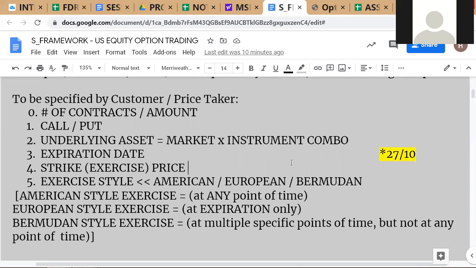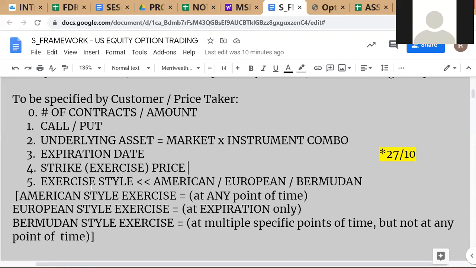We have 3 exercise styles: American, European, and Bermudan. Bermudan, you can remember as something in between America and Europe. If you remember the Bermuda Triangle, Bermuda is located between Europe and America. So this is one extreme, and the Bermudan is in the middle.